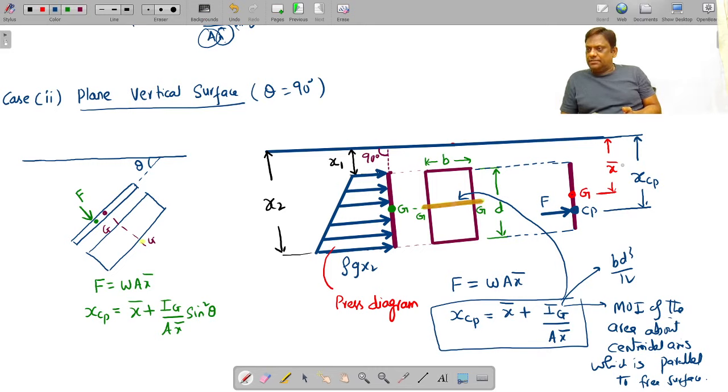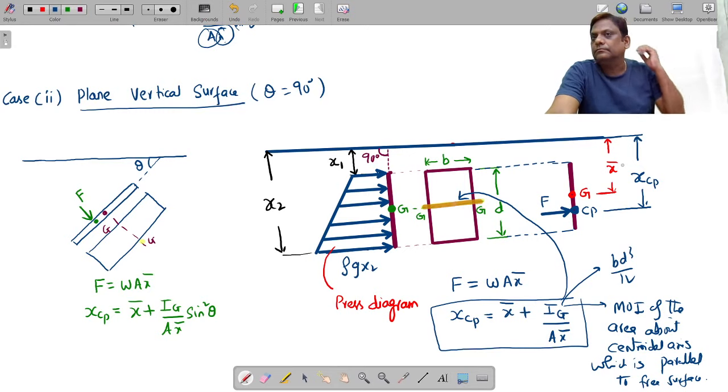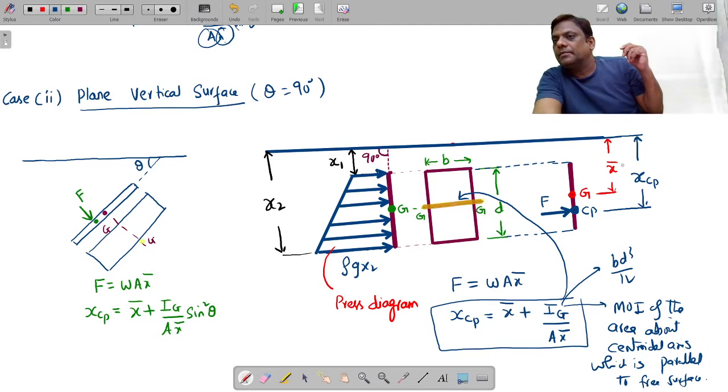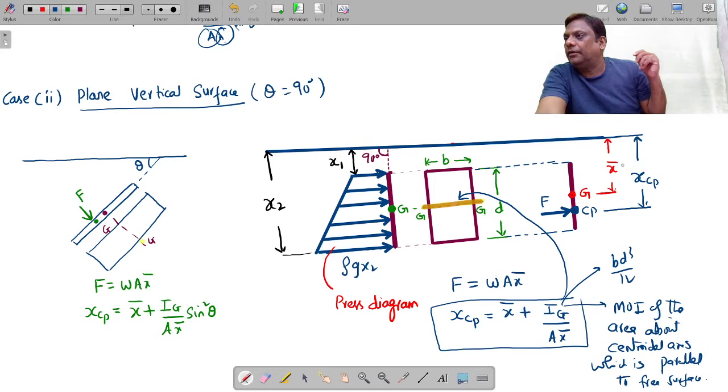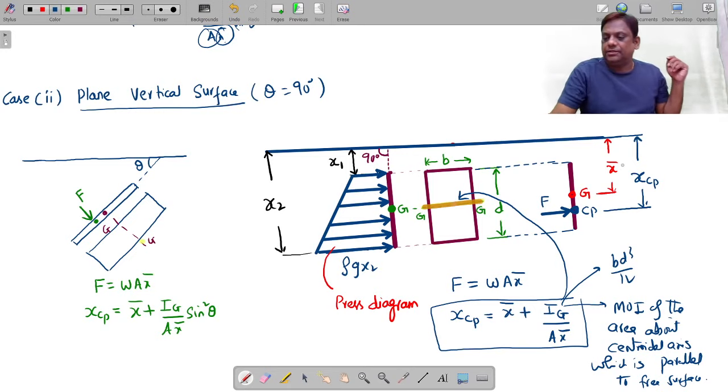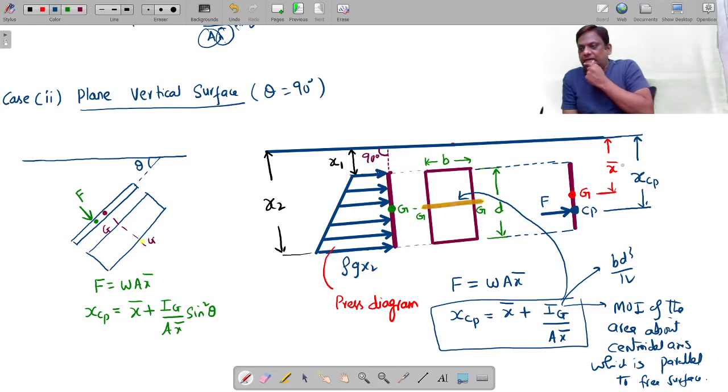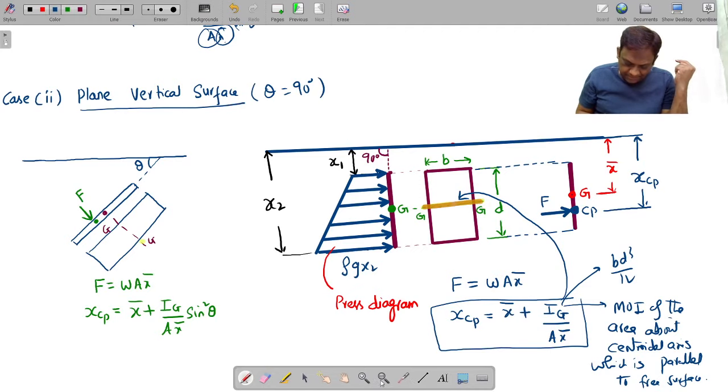Waiting for your response. Yes. Very good. Clear? Awesome. Ashok Naik. Very good, my dear students. Excellent. Chalo.